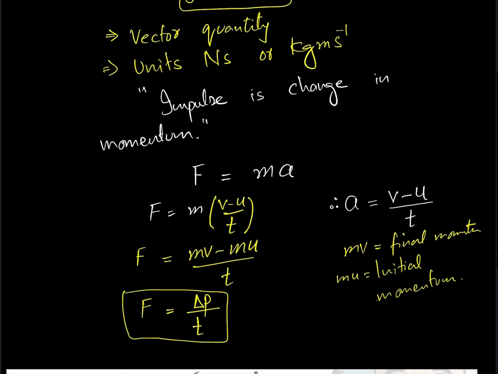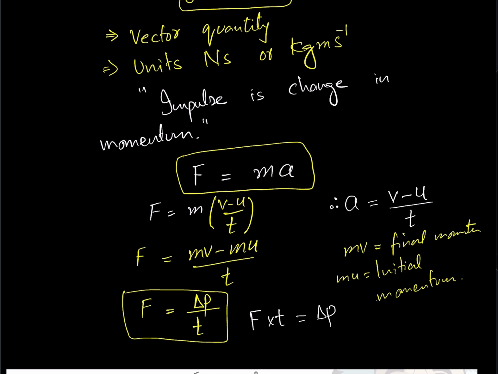This relation is very important. It is another form of Newton's second law. One form was F equals ma, and the other is in terms of momentum. Now, the t can go to the left side and be multiplied by F, so F multiplied by t equals delta p.